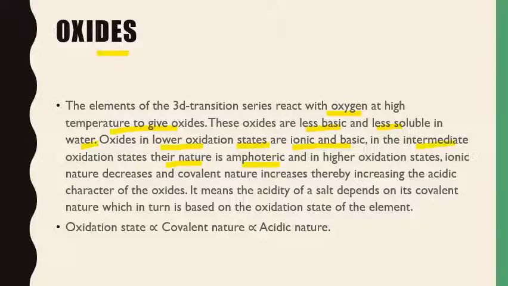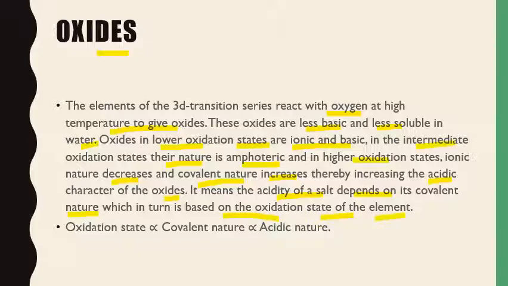And in the higher oxidation state, ionic nature decreases and covalent nature increases, thereby increasing the acidic character of the oxides. It means the acidity of an oxide depends on the covalent character, which is based on the oxidation state of the element.